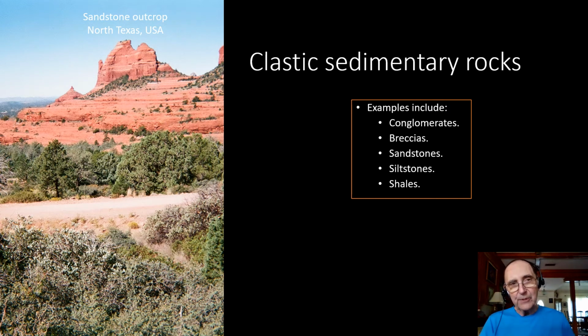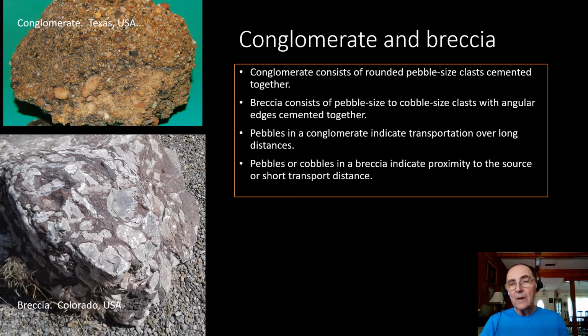The outcrop on the picture is a sandstone outcrop in the North Texas area. Conglomerates are rocks that consist of rounded pebbles that have been cemented together. In contrast, breccias consist of pebble-sized to cobble-sized rock fragments with angular edges that have been cemented together.